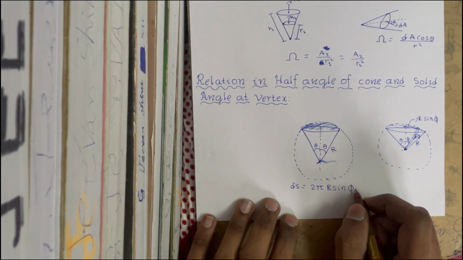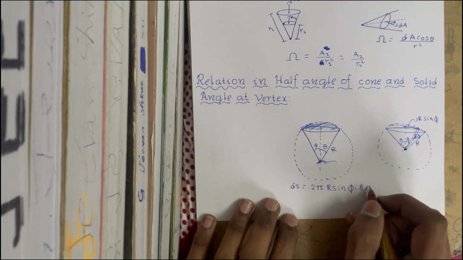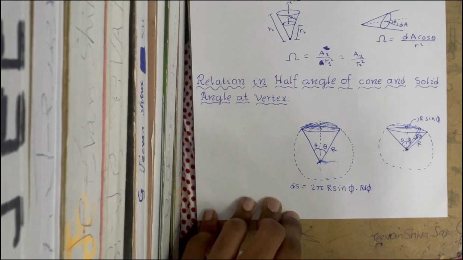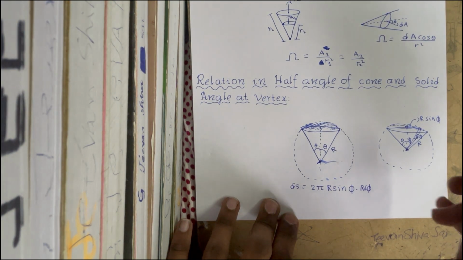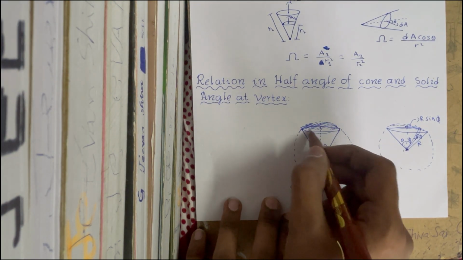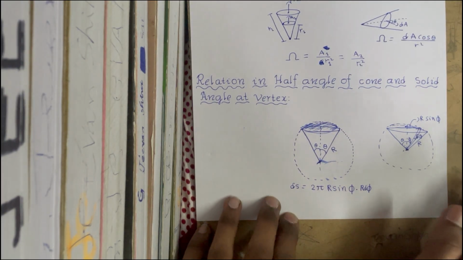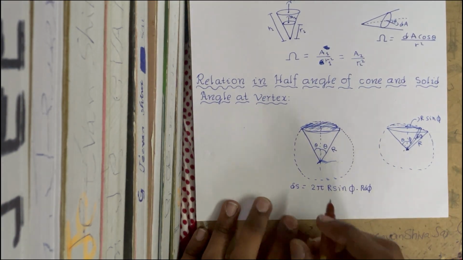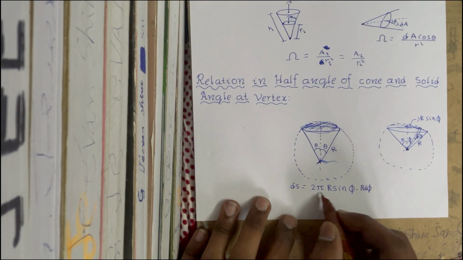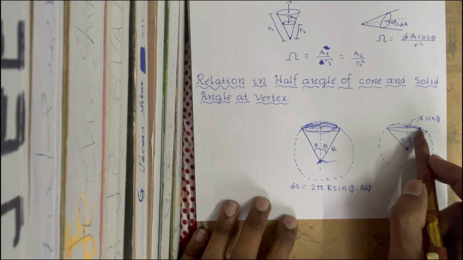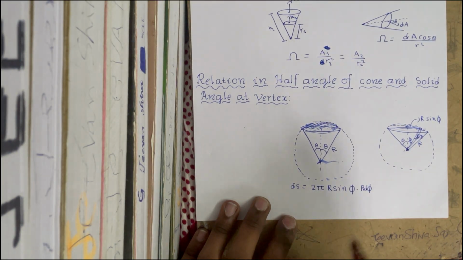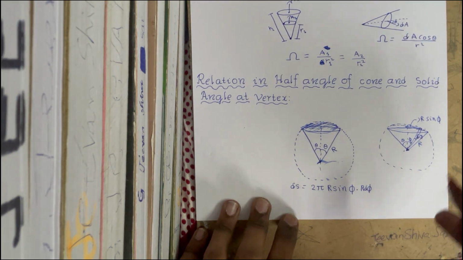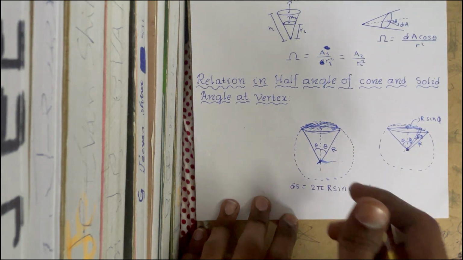And multiply this with r d phi. We need to integrate this to get the area of the whole surface. 2 pi r sine phi is the circumference of the elemental ring, and times the width it gives us the area of the elemental ring.